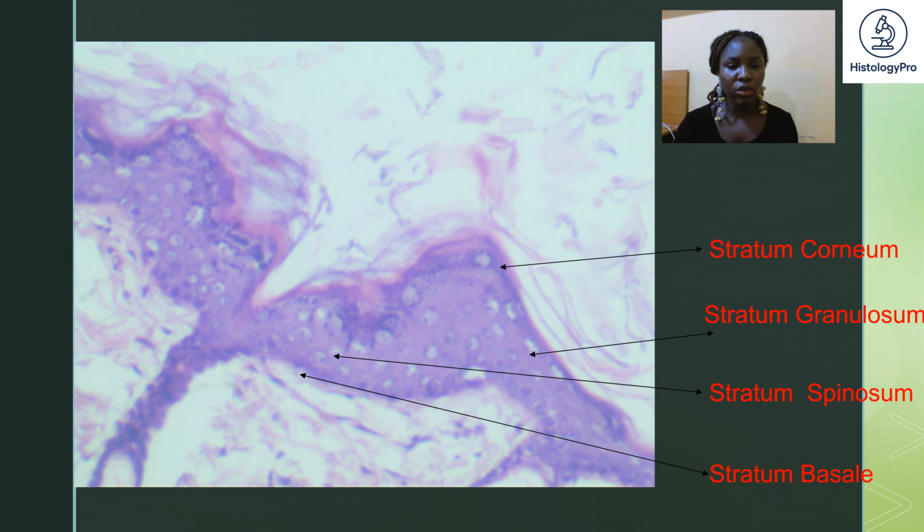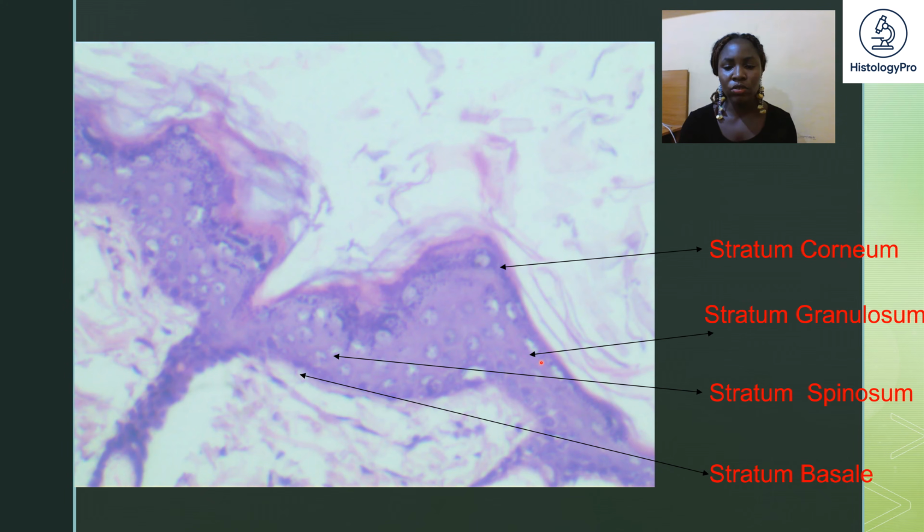Here we can see also the photomicrograph of keratinized stratified squamous epithelium. From the deepest to the superficial layer, we have the stratum basale, or basal layer, which also rests on the basement membrane, as we've earlier said. The next is the stratum spinosum.